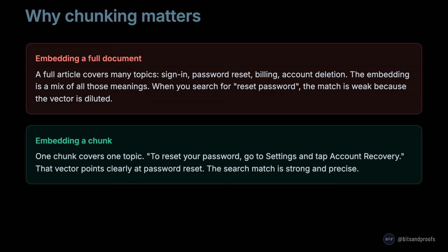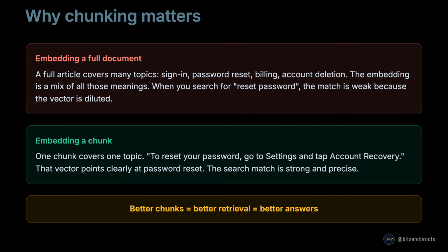If you embed a chunk, that chunk covers one topic only. The vector points clearly at that one concept. When the user searches for reset password, the match is strong and precise. Better chunks give better retrieval. Better retrieval gives better answers. Chunking strategy is one of the most important decisions in a RAG system.